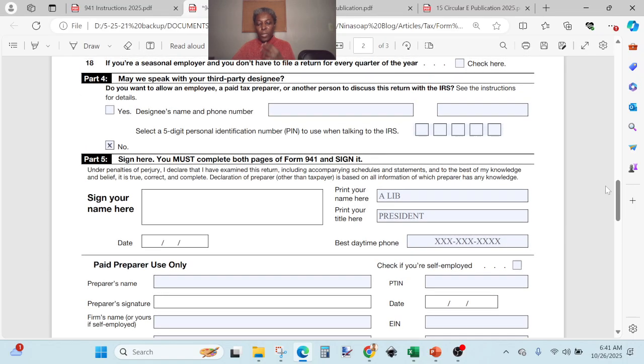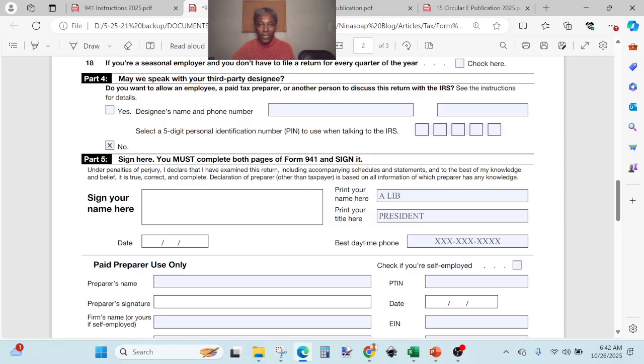If you are a tax preparer filing for a client and the client wants you to discuss this return with IRS and gives you that permission, you can check yes, and then you'll put who to contact and the phone number. But just know that this section is specifically for this form only, and the PIN and so forth. That way, when IRS wants you to answer a question, they will come to you.